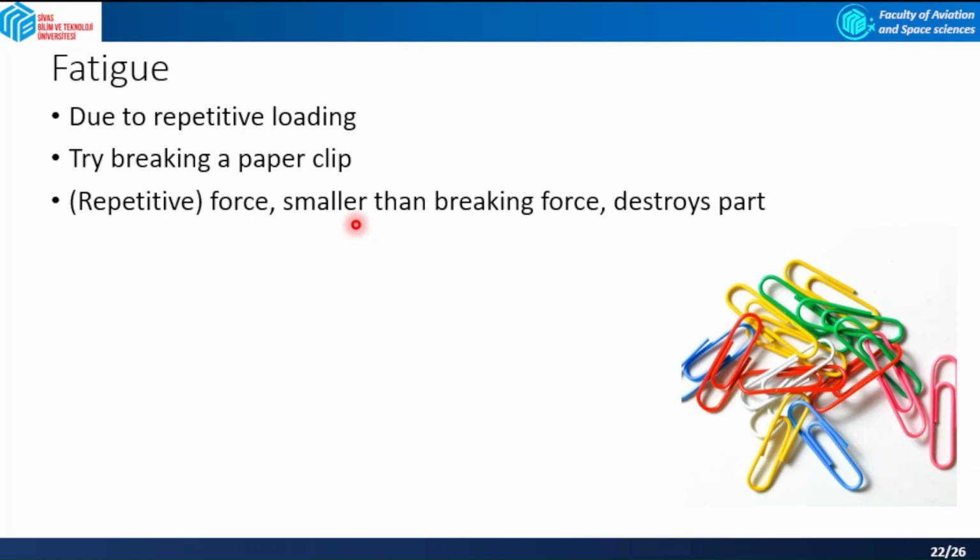And similarly, metal fatigue occurs in materials when they are subjected to repetitive loading and unloading. And this repetitive loading can be much smaller than the force needed to cause immediate failure in the material. In the case of aircraft, metal fatigue often occurs in components such as the fuselage, which is pressurized during each flight and then unpressurized when the aircraft descends and lands.